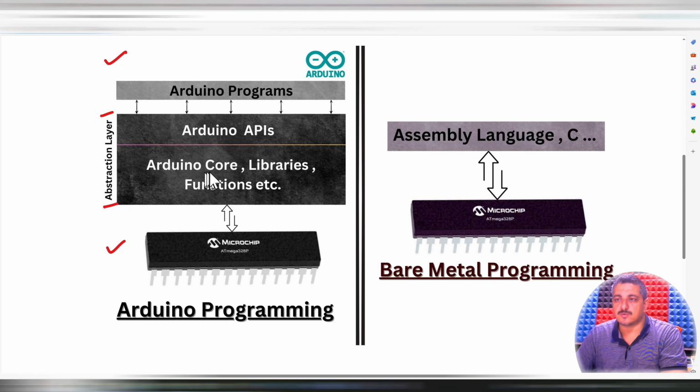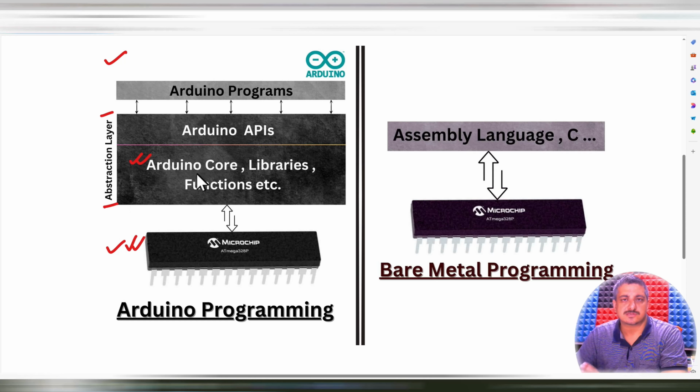Now we shall look at these points one by one. So first term is Arduino core. What it is basically? Arduino core is nothing but that part of software which is written just on top of this hardware or the chip.